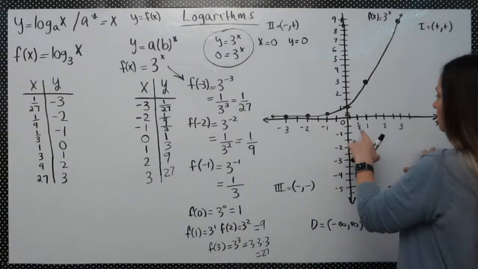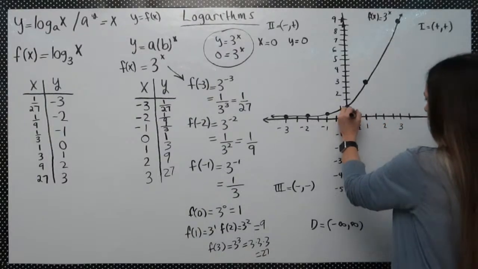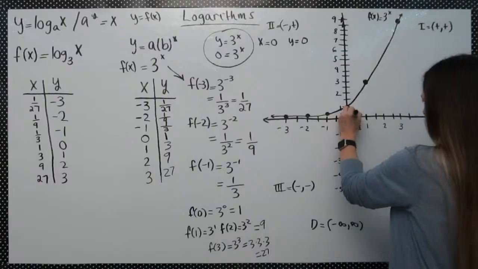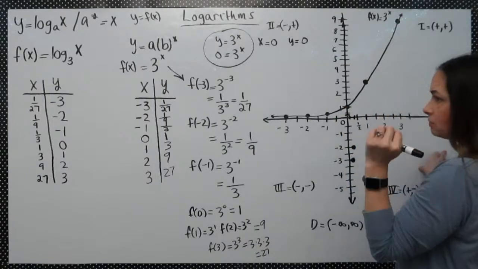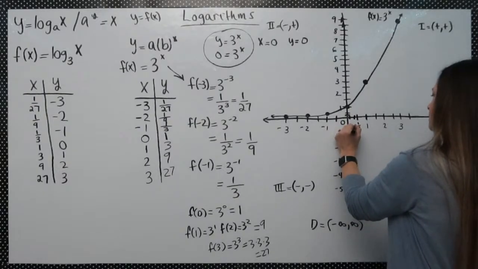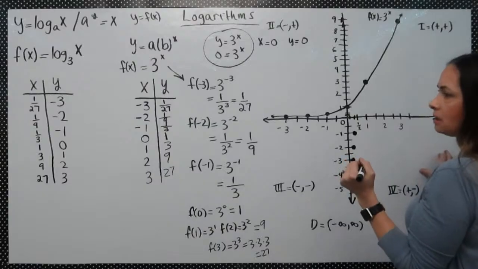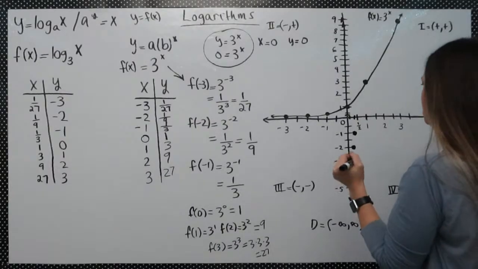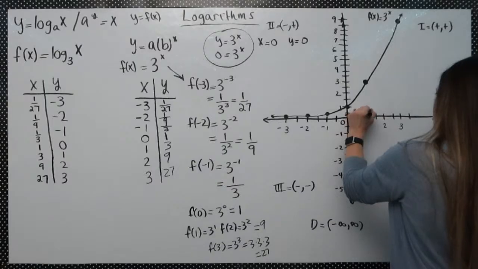Then 1/3 is going to be slightly less than 1/2 over here. And it says 1/3 is -1. A little bit further. And then it says at 1, 0 is my intercept, right here.